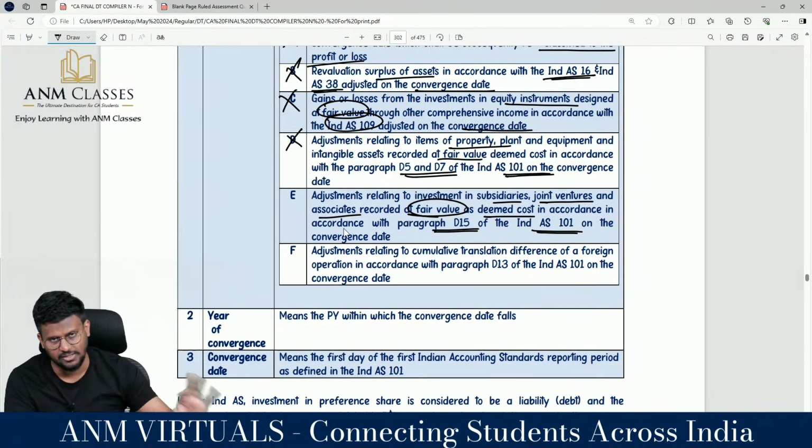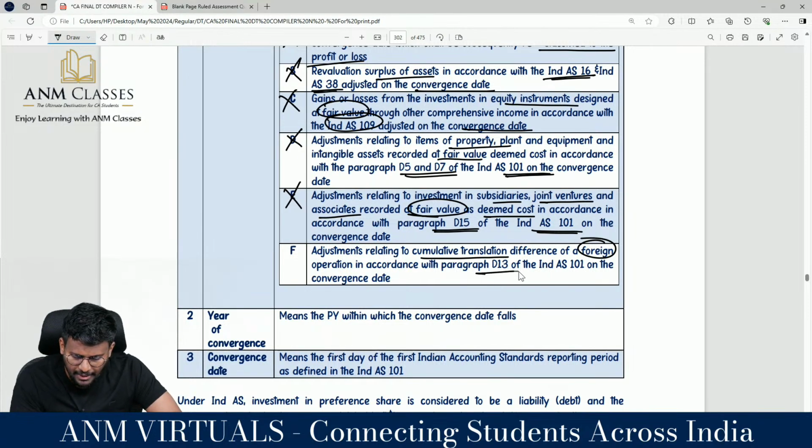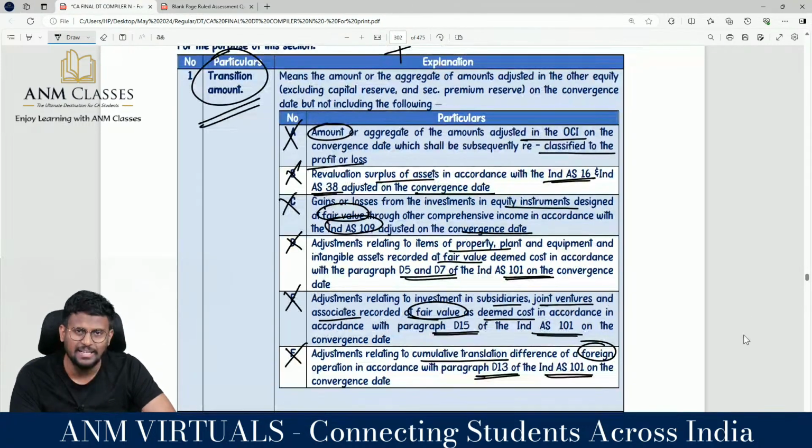Basically, deemed cost items will not form part of transitional amount. An adjustment relating to cumulative translation difference of a foreign operation in accordance with para D13 of Ind AS 101 on the convergence date. So, these 6 items will not form part of transition amount.